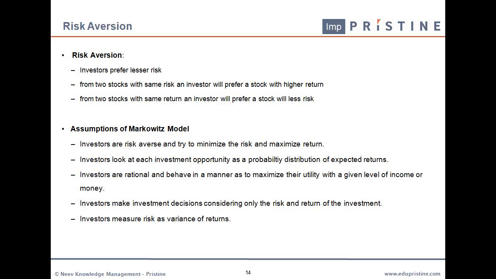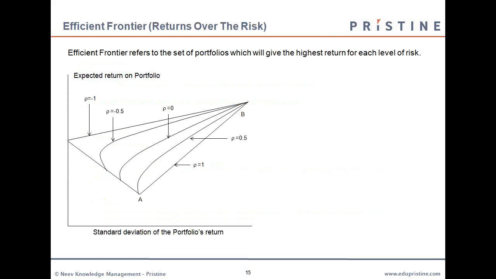For example, suppose there are two stocks, stock A and stock B, and they are giving the same return of 15%, we choose the one which has lower risk associated with it.